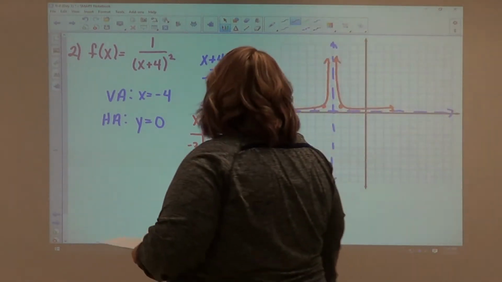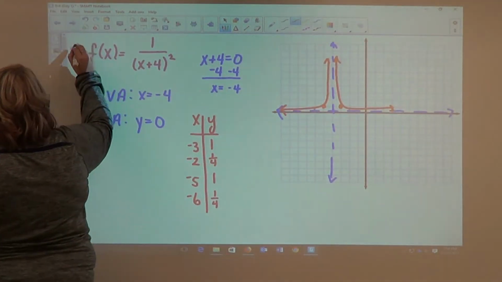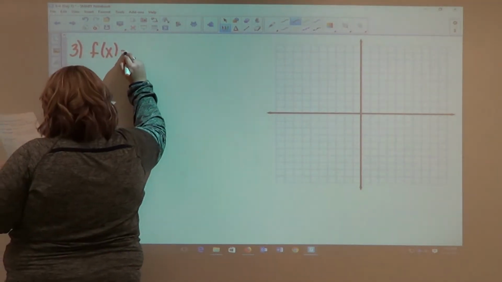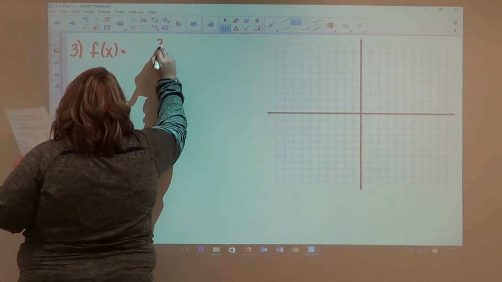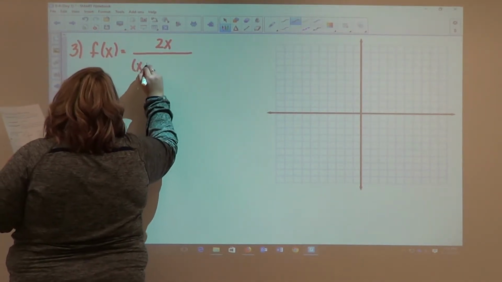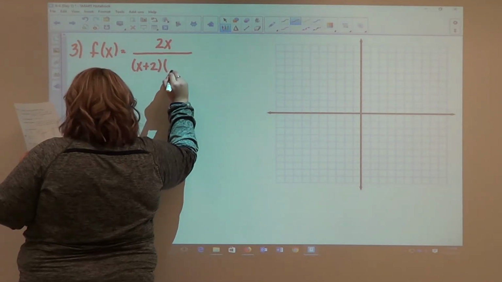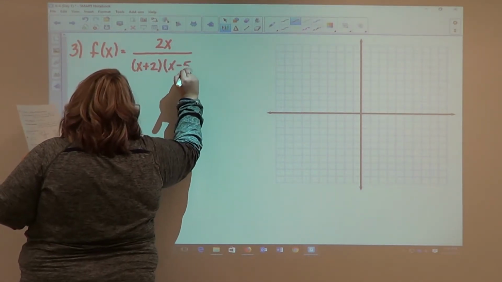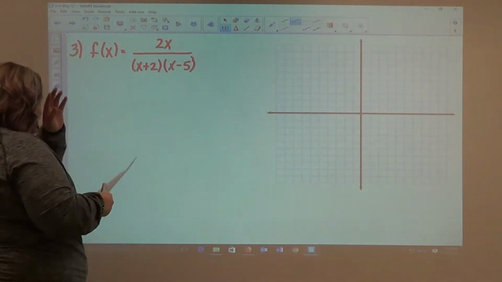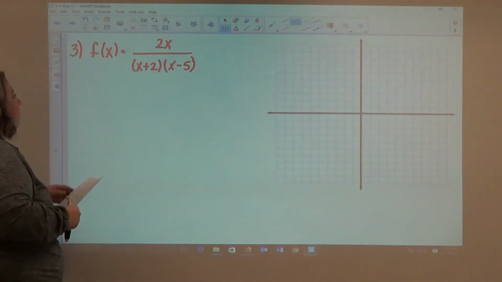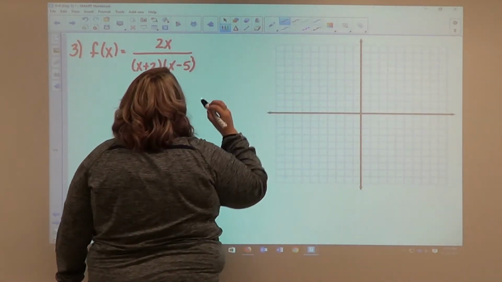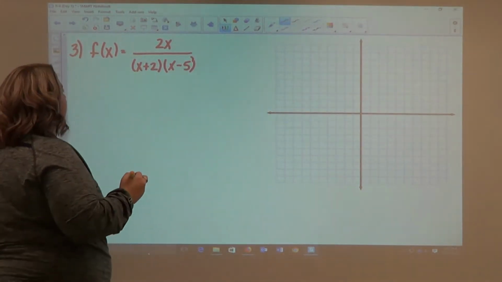Okay, we're going to do one more. This is when you have two things that are on bottom, but they're different. Okay, if you have two things that are in the denominator and they're different, that means you're going to have two vertical asymptotes.